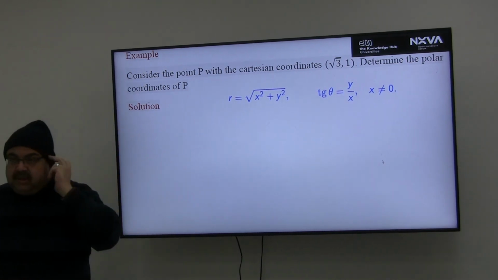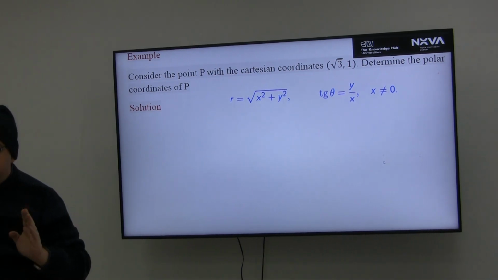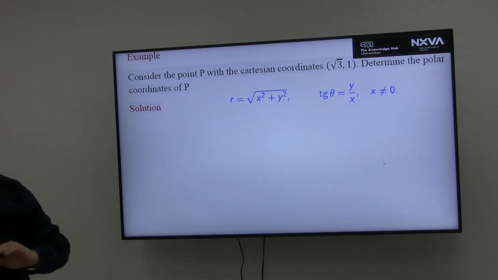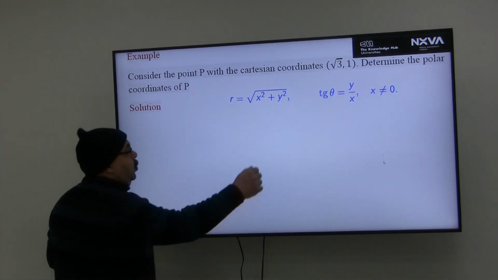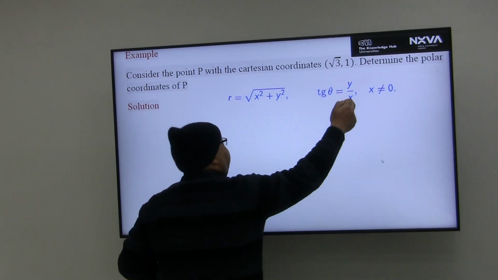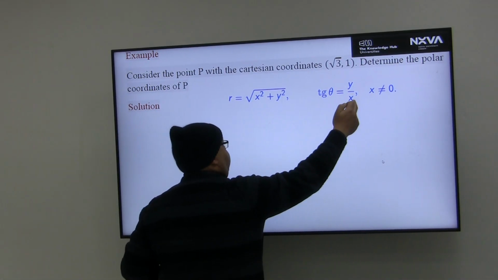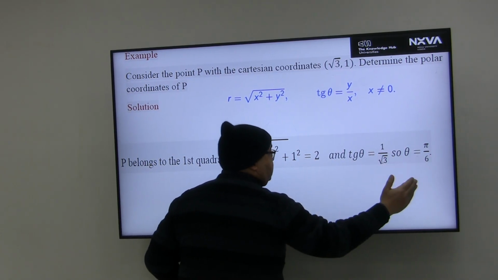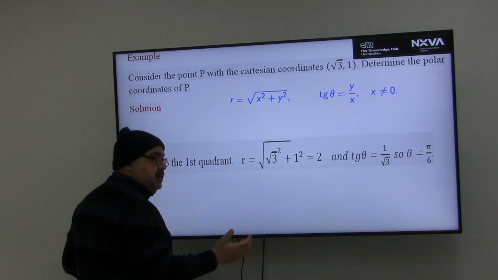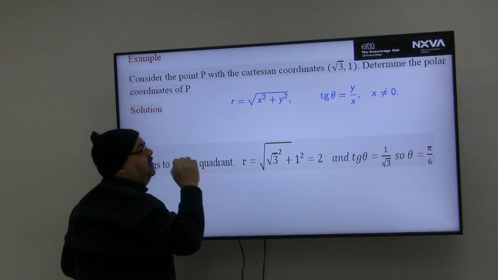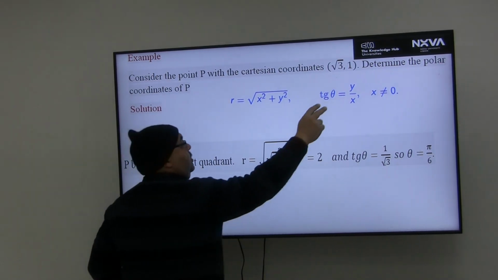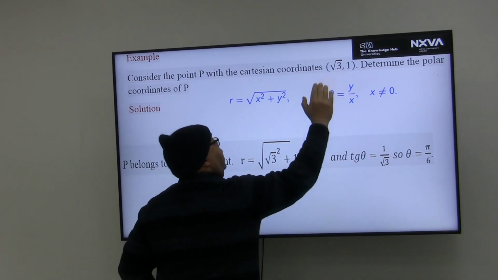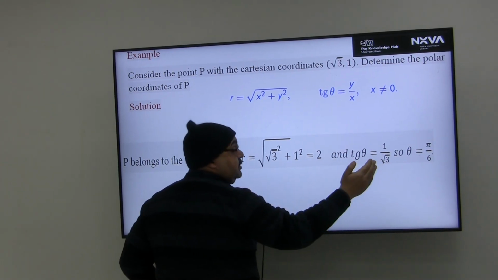Those are the parts that I want you to memorize. Tan theta is y over x. So I'm going to divide 1 over root 3. So 1 over root 3, I believe it's going to be pi over 6, which is 30 degrees. Now I have the same point. Remark that these two coordinates are in the first quadrant.